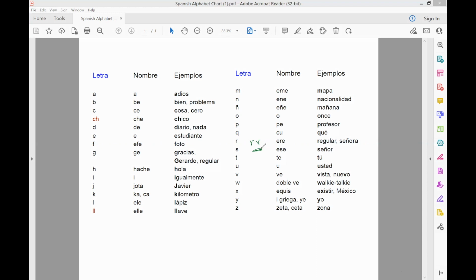It's regular or perro for dog. Perro, regular. Okay, and we'll have a lesson where we can work on that pronunciation a little more. So those are the R sounds. If it's just an R in the word, it's just a single R sound. Señora.